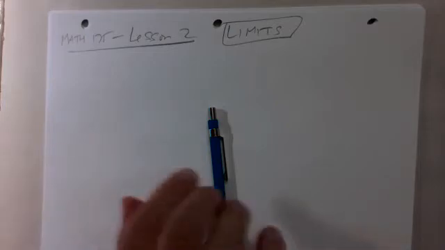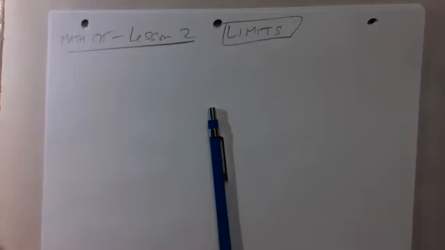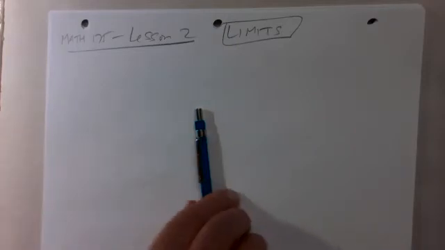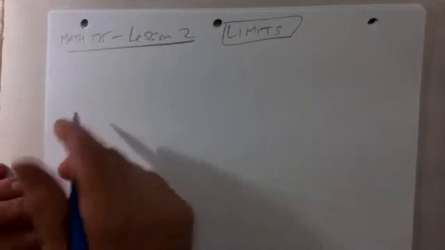All right, well, if there are no questions, then today's lesson is on limits. So a limit is the fundamental idea in what is called mathematical analysis. And let me just start with a kind of geometrical example.